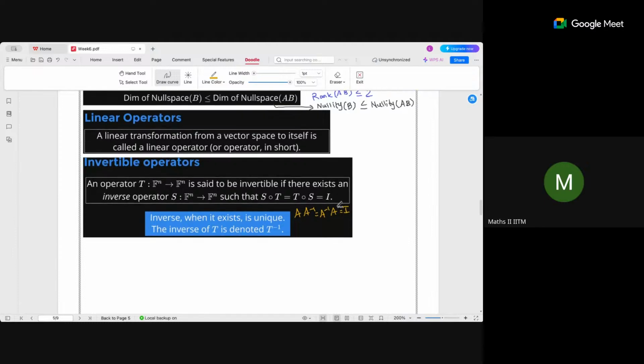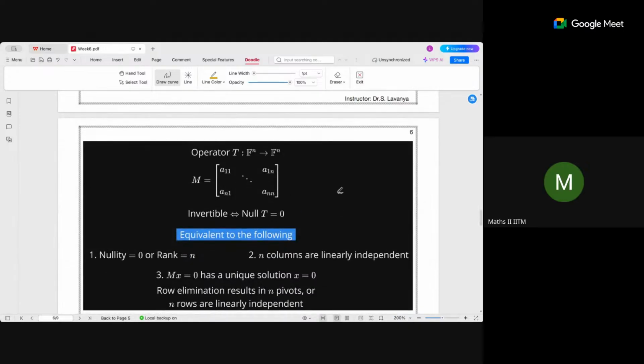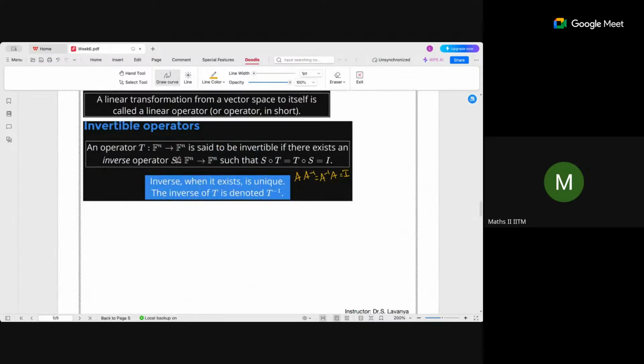Okay, fine. Now, what are some equivalent conditions? Let us see, what is the matrix representation M of S?